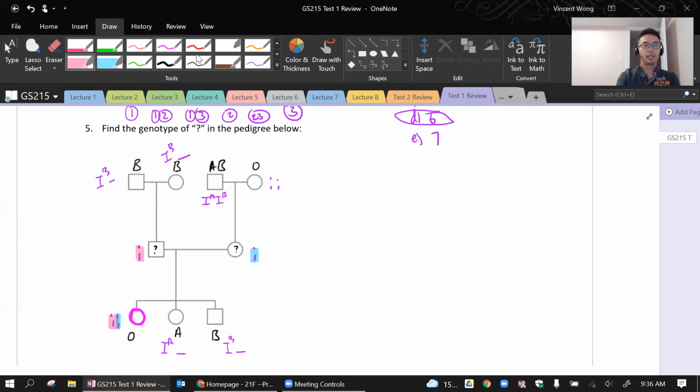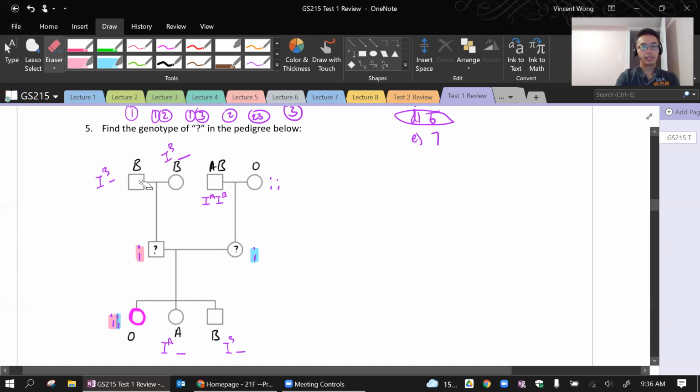You see that the grandparents on the father's side are both IB; they both have one IB allele. So in order for this person to have both A and B children, this is going to be IB. On the other hand, to have the A child, this must be IA. It's not possible for this person to inherit the IB, because then they would not be able to produce the A child.